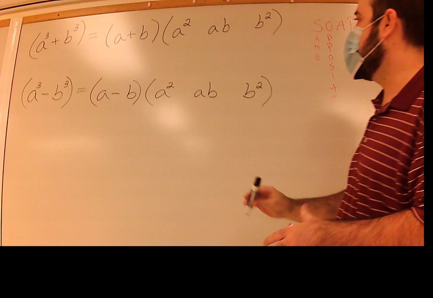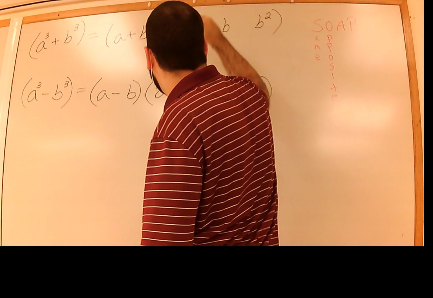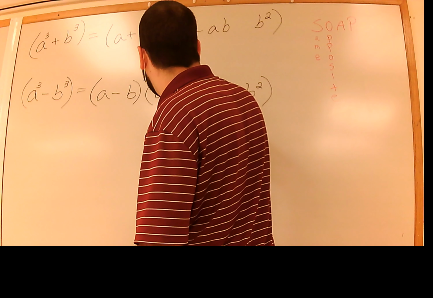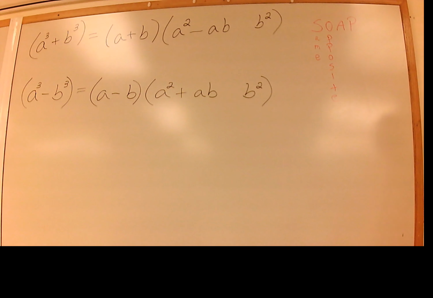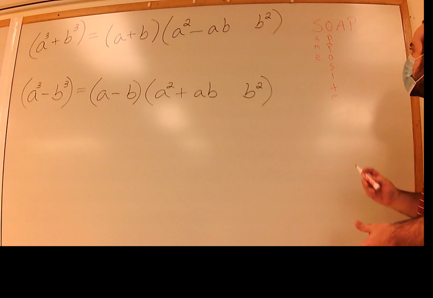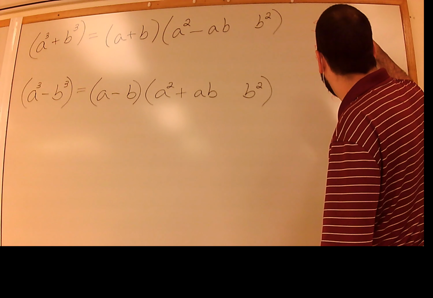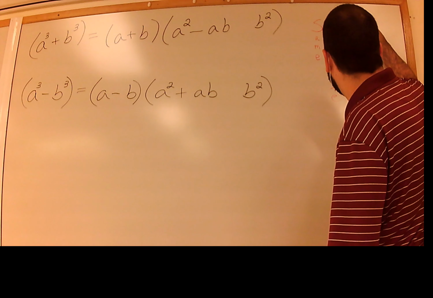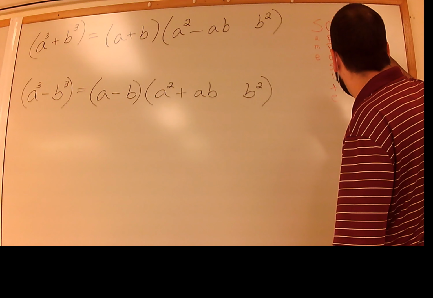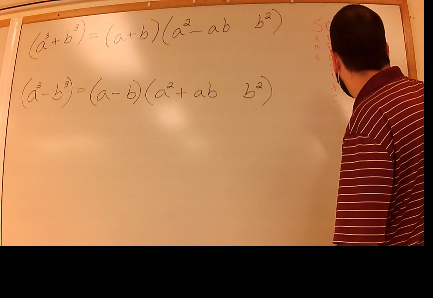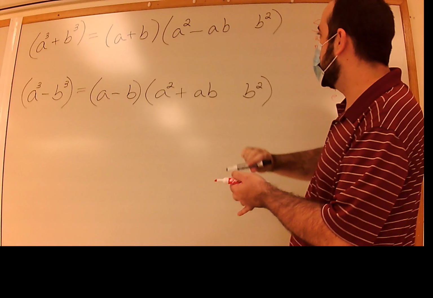Here we started with plus, so this is going to be minus. Minus, so this one's going to be plus. And then that last sign is just always a plus.